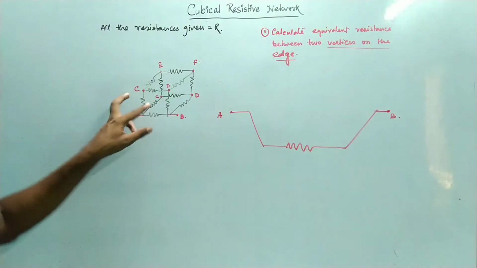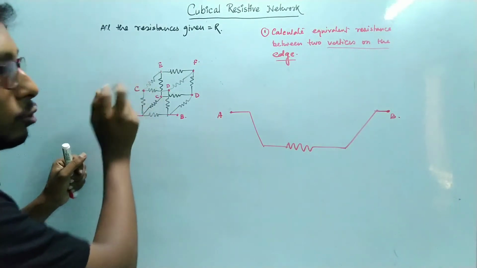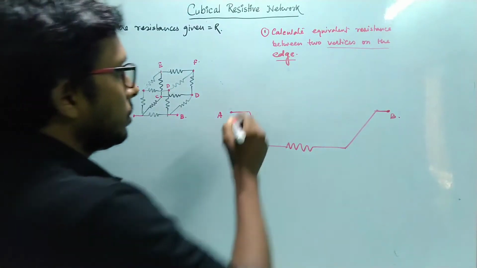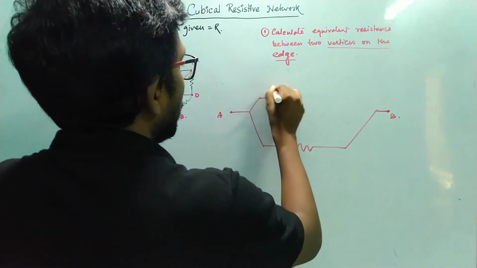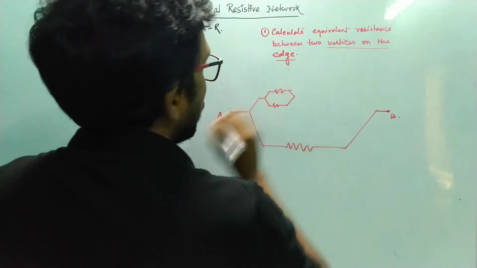Now you can see there are 2 resistances which are ending at C, and as these 2 points are the same, I can join them.